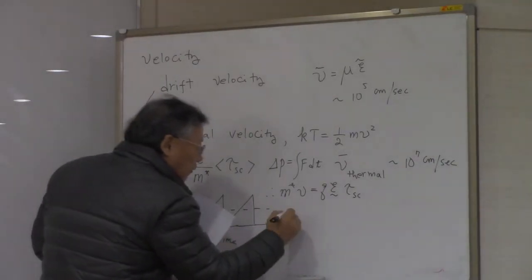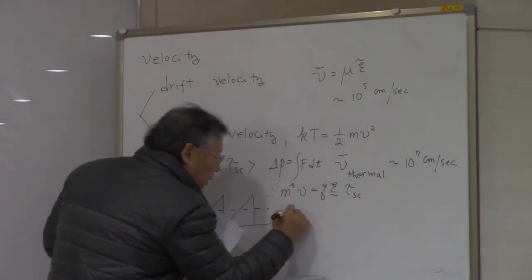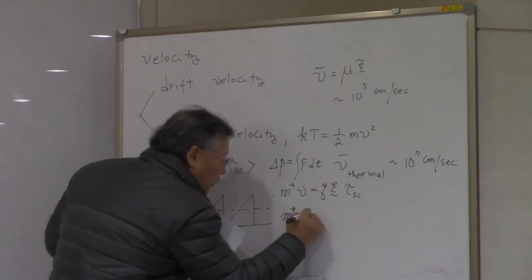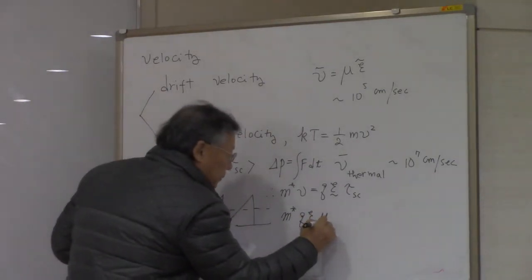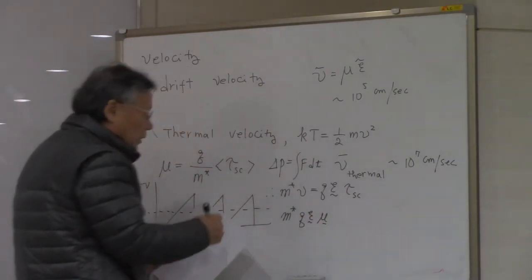And then this v is q times electric field times the mobility, right? That is the velocity.